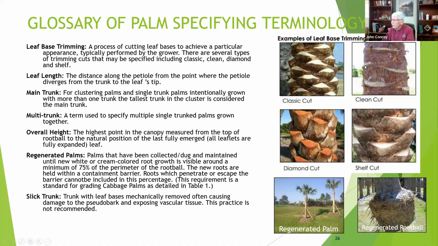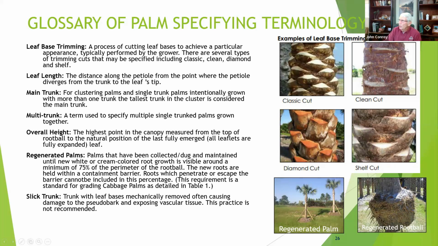It's really important not to damage that, because here's another one right here that you can see. That's a potential point of entry for disease, or if you open that up, maybe a boring insect gets in there and causes damage to the trunk of that tree.